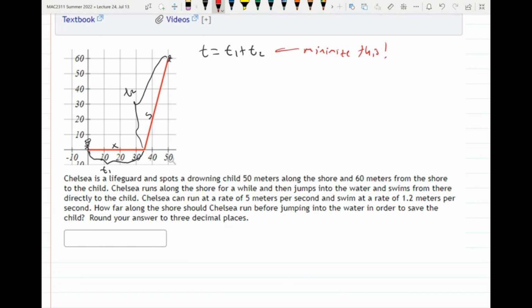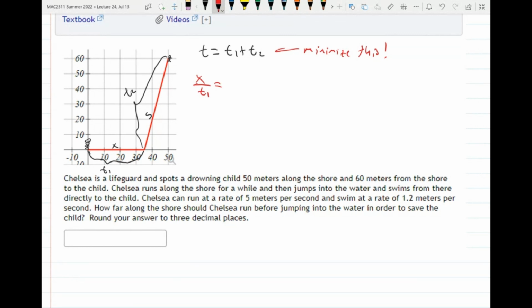Now, of course, we need to figure out what T1 and T2 are in terms of the distance quantities. So here we're going to use that information. What do we know about the speed of Chelsea when she's running? It's a constant, which is 5. As you know, the speed is distance over time, right? So if you do x over t1, what is this equal to? 5.